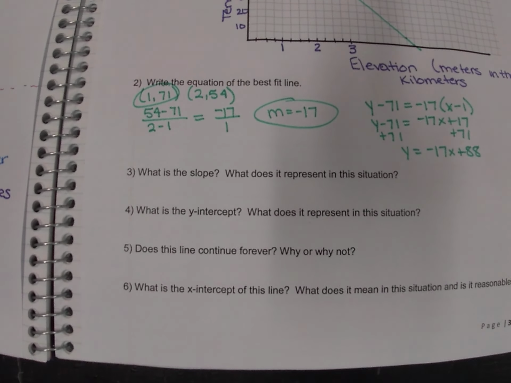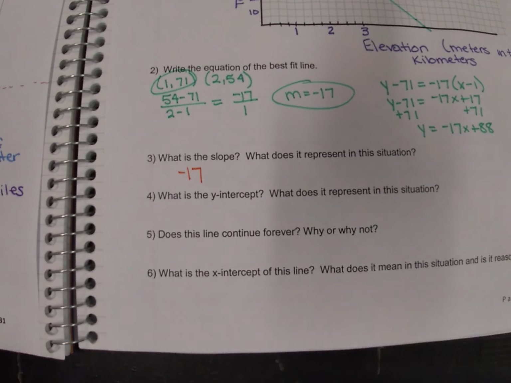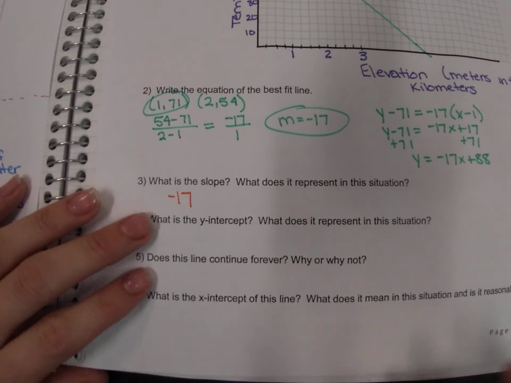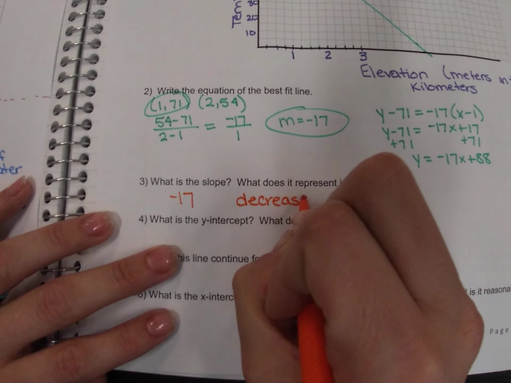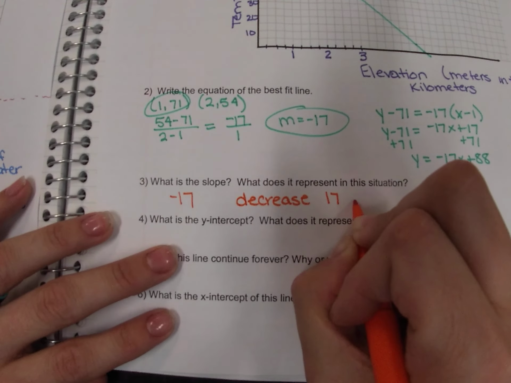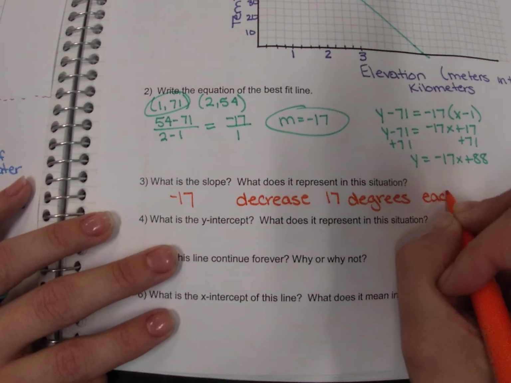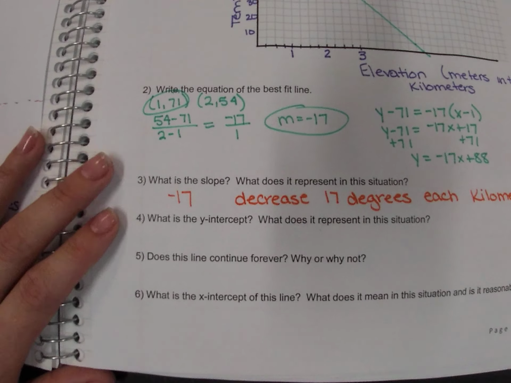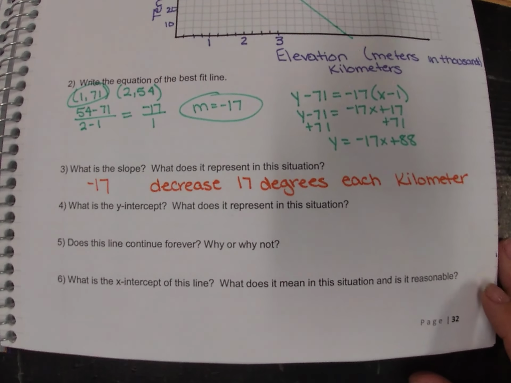Okay, so what does our slope represent on this one? So our slope here we got was negative 17. We always know it's y per x. It's the temp per kilometer. So this is telling us that the temperature is decreasing 17 degrees every kilometer. Right? If we raise our elevation a kilometer, our temperature is going to drop 17 degrees.